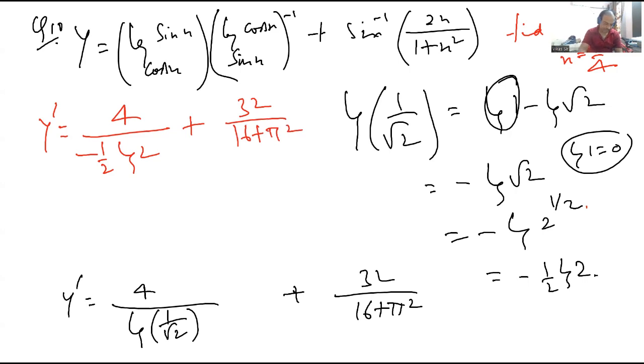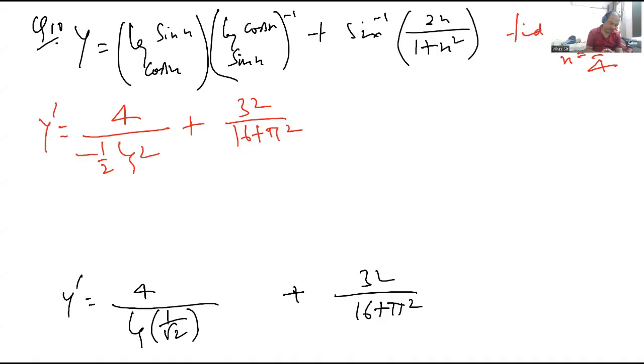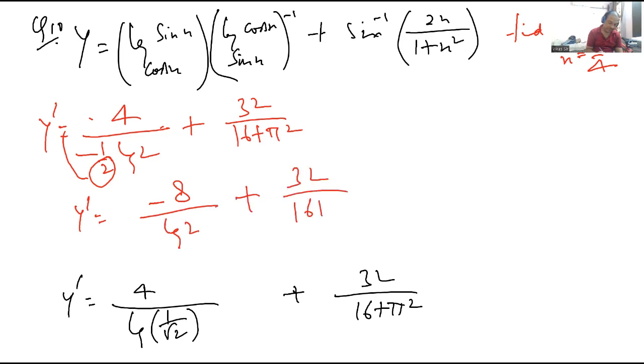Now what I can do here is take this 2 on the upper side. Therefore, y dash is equal to minus 8, since 2 gets multiplied by 4, and the denominator is log 2, plus 32 over 16 plus pi square.